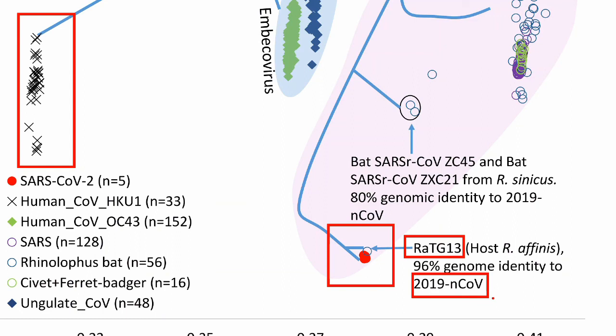How can this be? If it's just a host in bat, this is one species. But if it was kept in the laboratory and passed through several generations, through several tissue cell types, that might happen. Exactly this might happen.